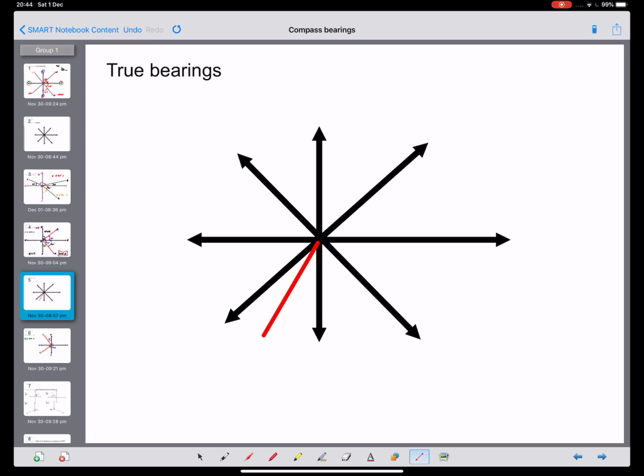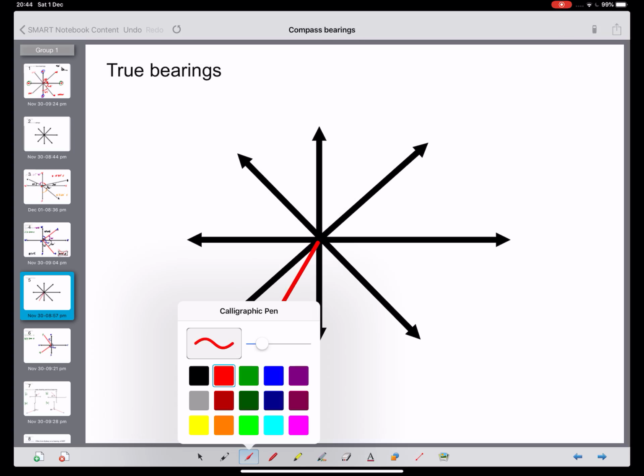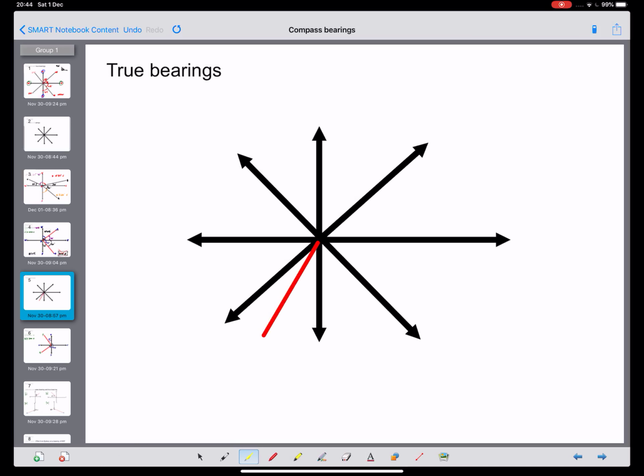I'm going to say that this is position X. New position X. And I'm going to say that this position X is 10 degrees from southwest. I want you to find the position of X.